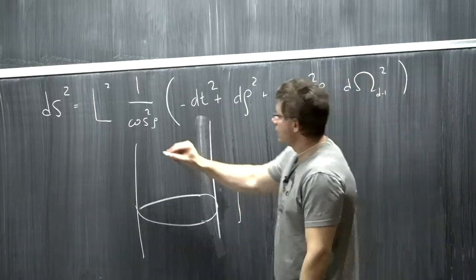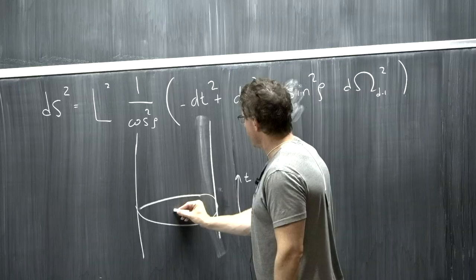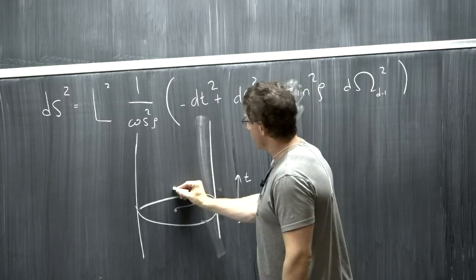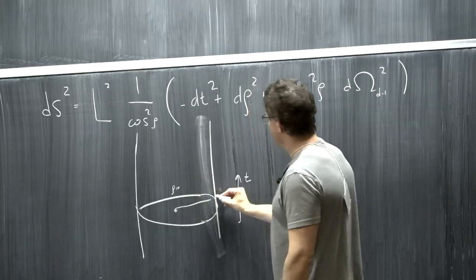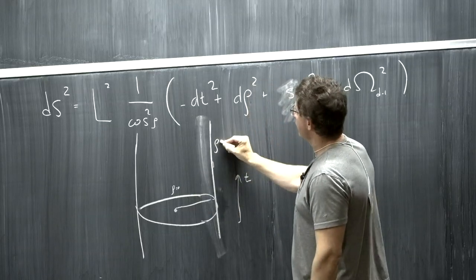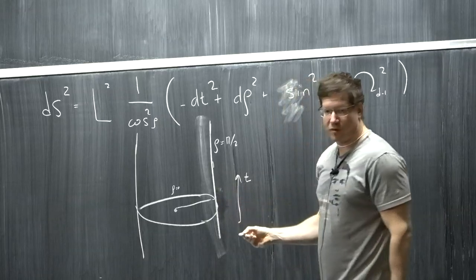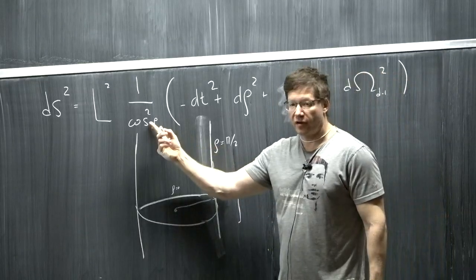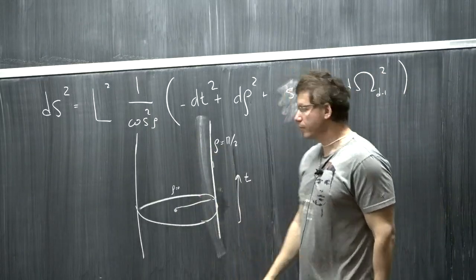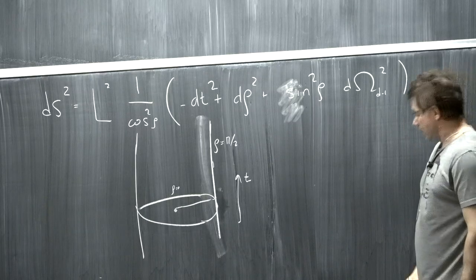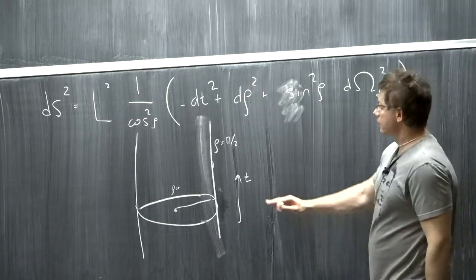And the rho coordinate is measured from the origin to infinity. So rho goes from 0, and here at the boundary, rho is pi over 2. But the geodesic distance is, of course, infinite, because you see cosine squared blows up at rho equals pi over 2. OK. And there is time.